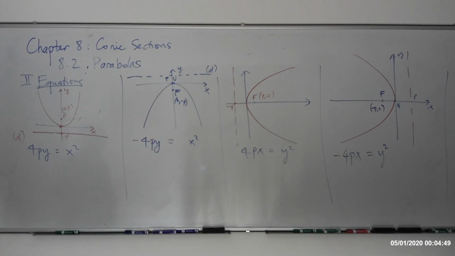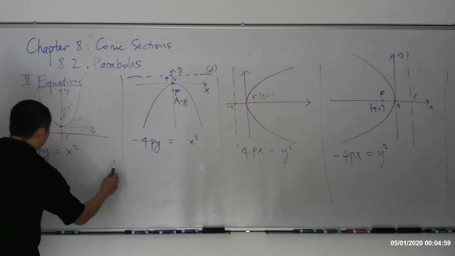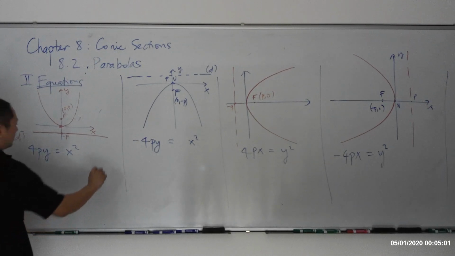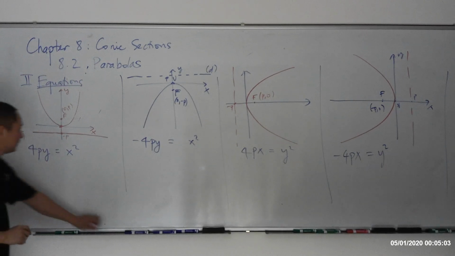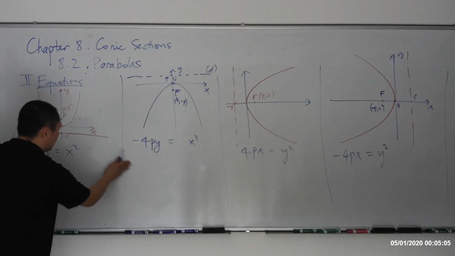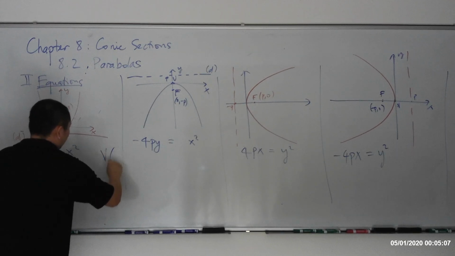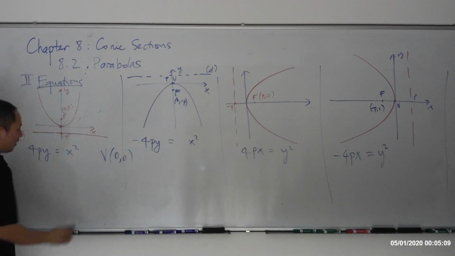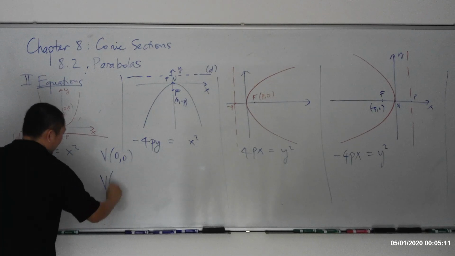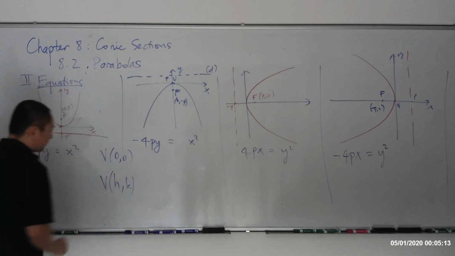Now, we're going to extend the concept a little more generally. What if we shift the entire parabola to a new vertex? Here the vertex is at (0, 0), right? Now I want to change to a new vertex at, say, (h, k) in general.